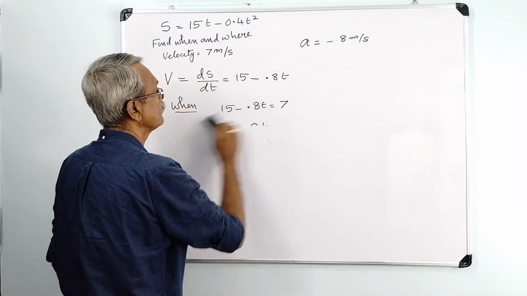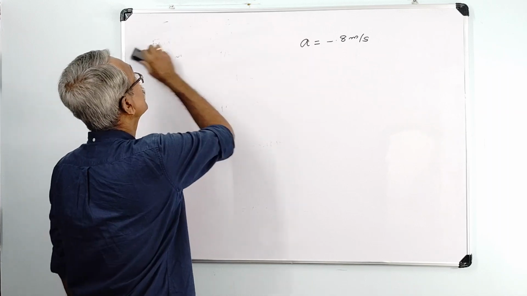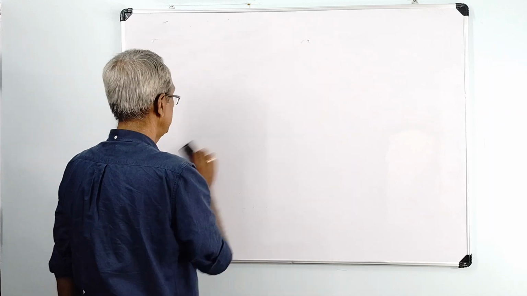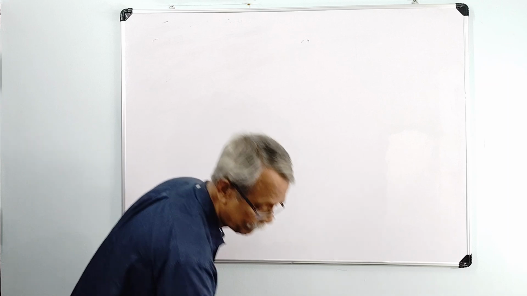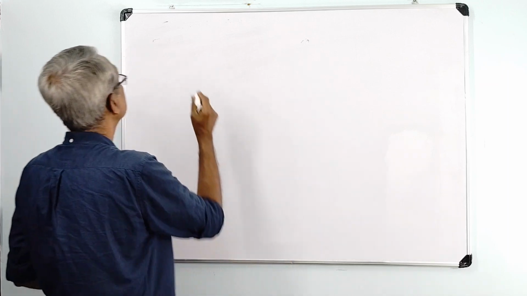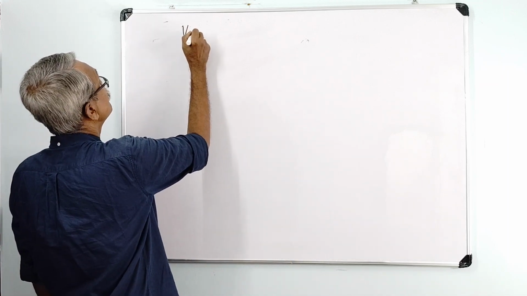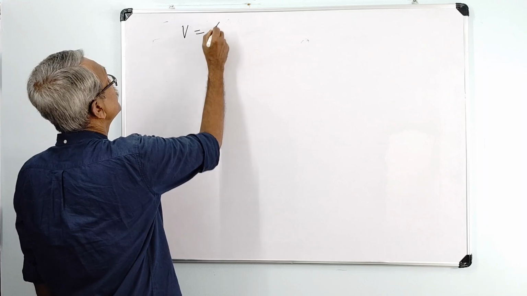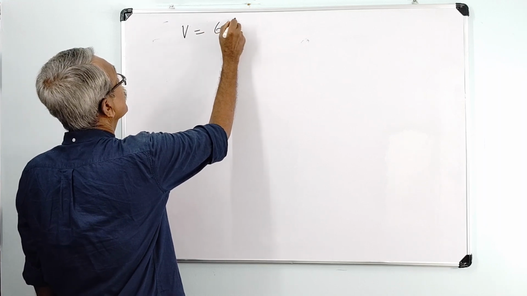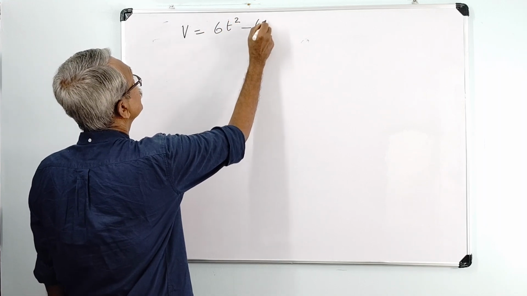Next question is based on the maxima minima principle which we have seen. Consider a velocity v which is given by 6t square minus 6t cube.